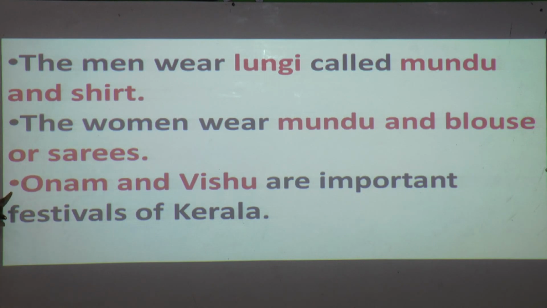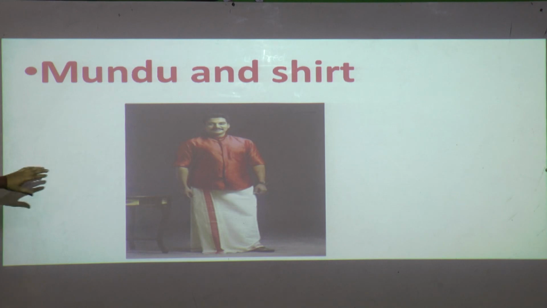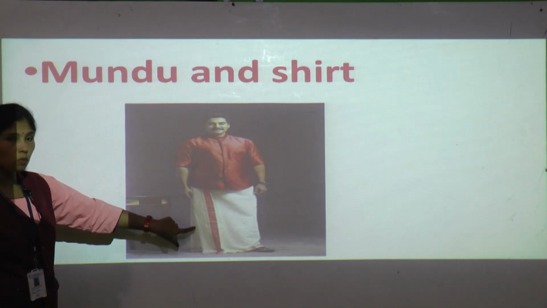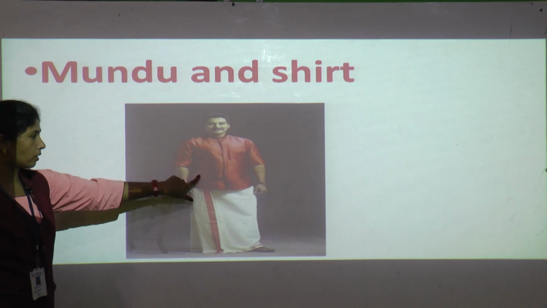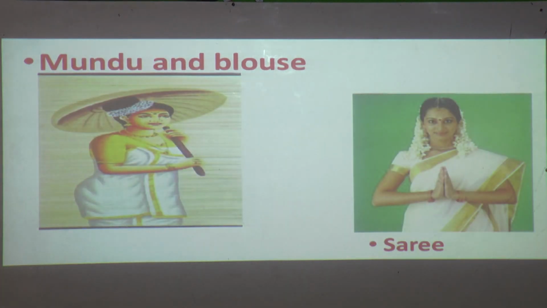So this is the traditional dress of Kerala, where men wear a lungi known as mundu and a shirt. And ladies, women wear a mundu and a blouse, or a sari, as traditional dress.